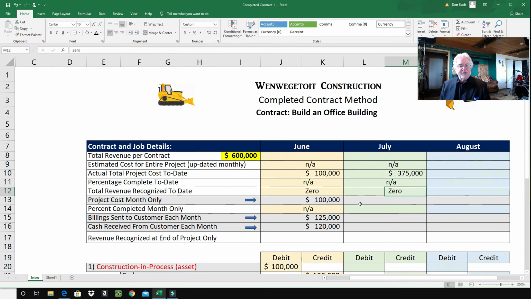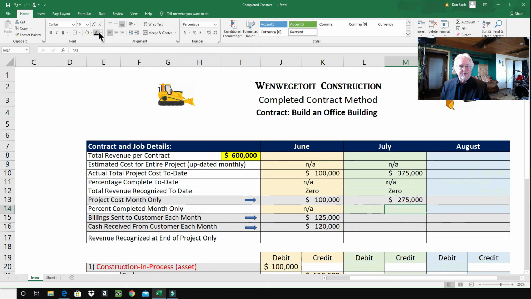So project cost for the month only. Now folks, we spent $100,000 in the month of June, and grand total for June and July $375,000 to date. So in July, apparently we spent $275,000. Percent completed for the month only.